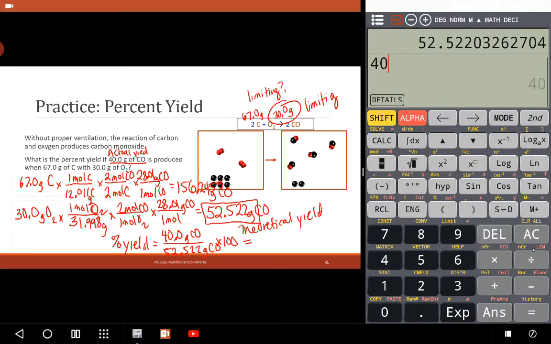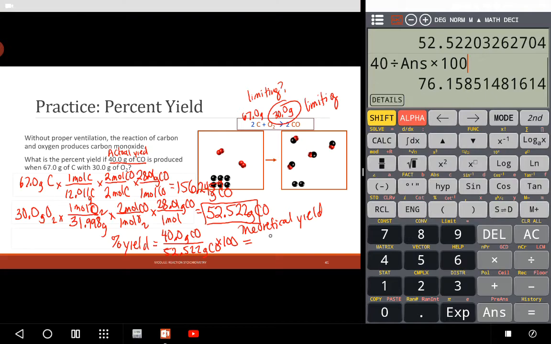So 40 divided by my previous answer times 100 is equal to 76.158%. I'm going to need 3 significant figures, and so that will round to 76.2%.